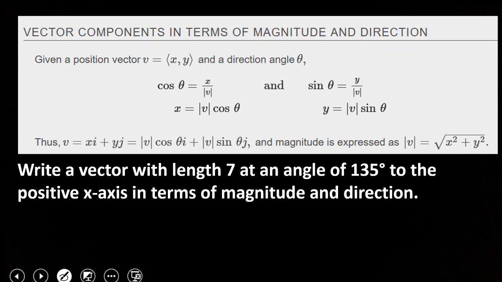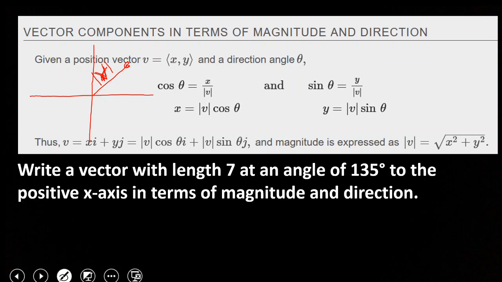Well, remember from previous chapters, if this is r, the coordinates of this point would be r cosine, r sine. But instead of r, we can make that the absolute value of v.